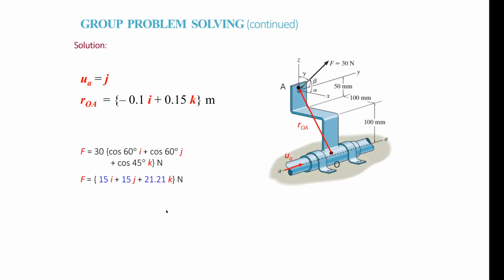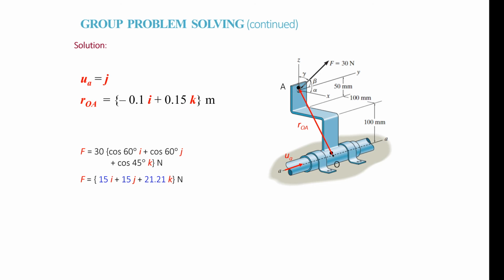The first thing is we can identify an axis, and from the problem you'll notice that Y is parallel to A, so we can just use 1J in the positive Y direction. Then we have R_OA.